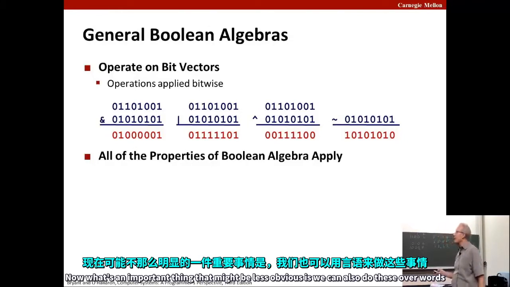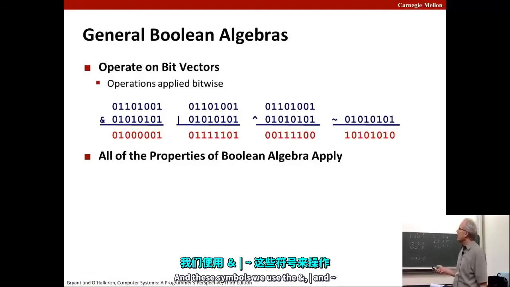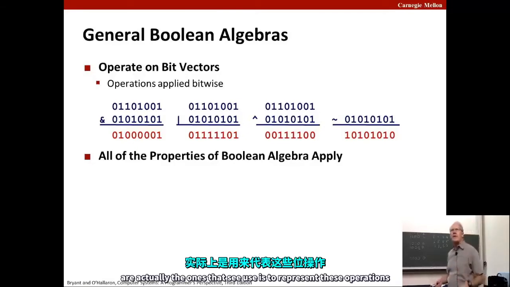Now, an important thing that might be less obvious is we can also do these over words. We can do these Boolean operations where we apply them on each successive bit in that word. And these symbols we use, the ampersand, vertical bar, caret, and tilde, are actually the ones that C uses to represent these operations.